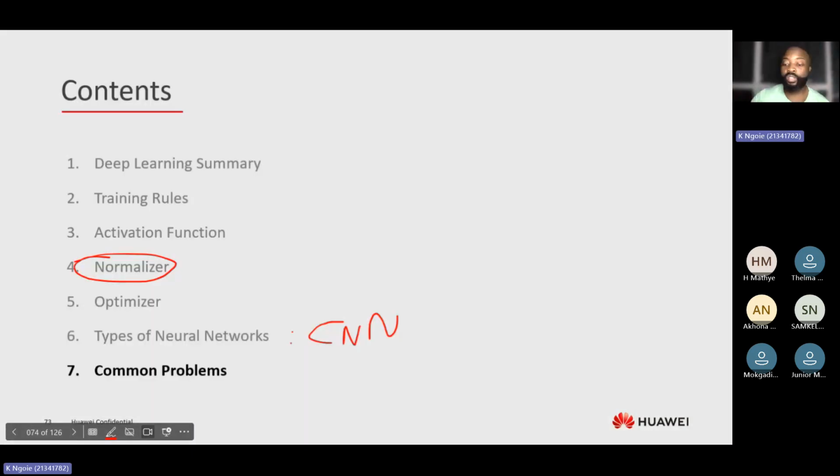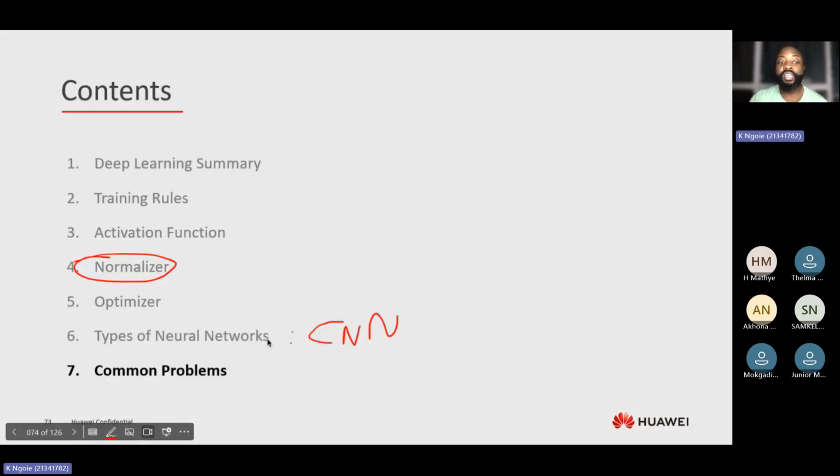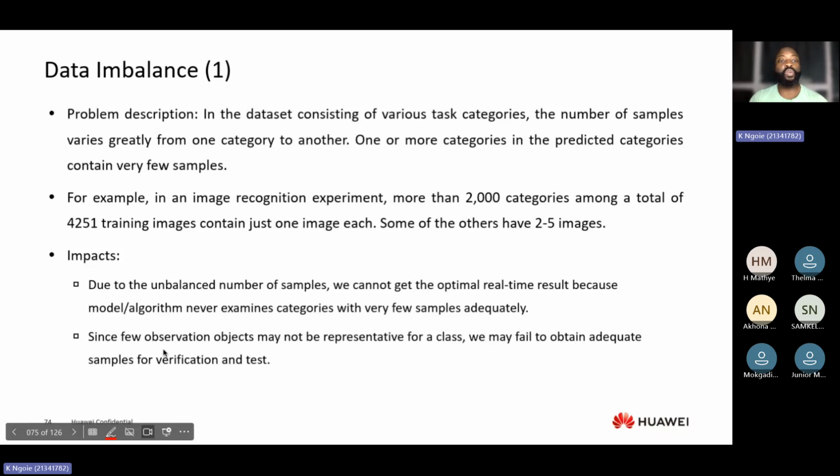All right, guys. Now we can talk about problems that we can have in neural networks. Remember, we mentioned this before, we can have a data imbalance. Remember what I told you last time: whenever you're training your model, make sure the type of data you are using is balanced.